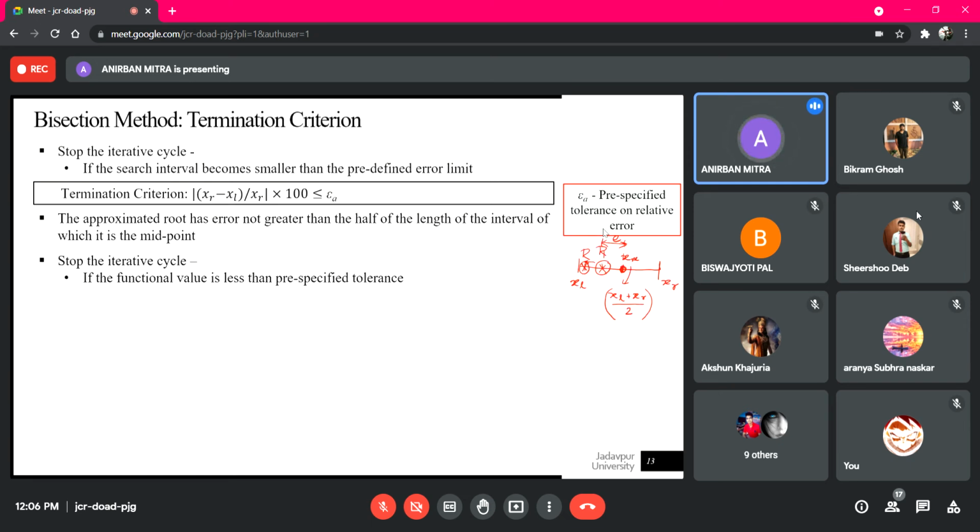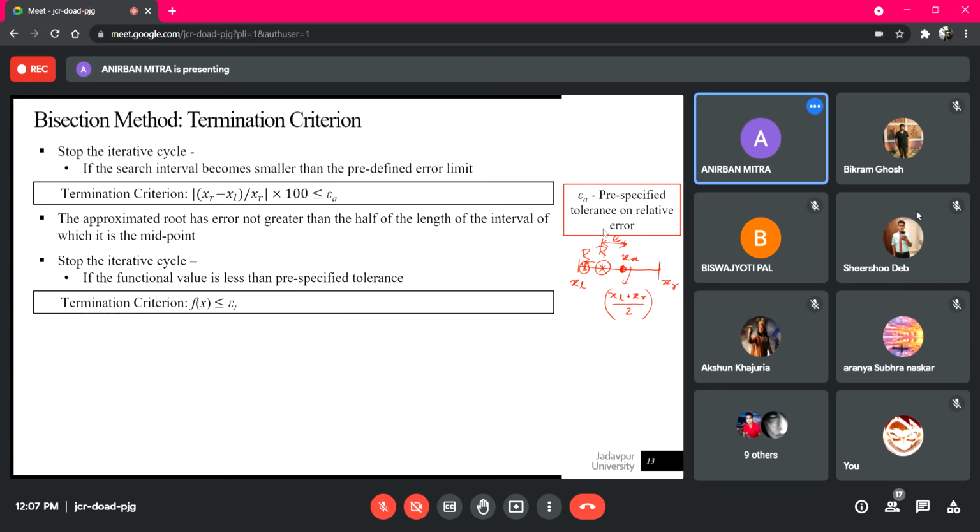But here we need to consider another termination criterion as well. This is also a valid termination criterion. We can stop the iterative cycle if we find that the functional value is less than the pre-specified tolerance. Functional value is f(x). If this f(x) comes out to be less than a pre-specified tolerance, that means f(x) is very, very close to 0. Then also we can stop the iterative procedure. That is also a valid termination criterion.